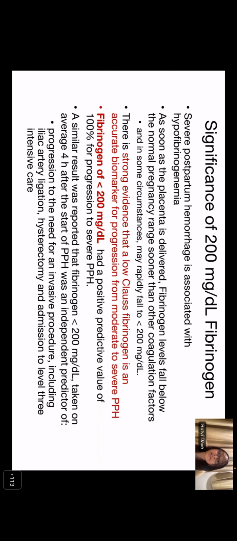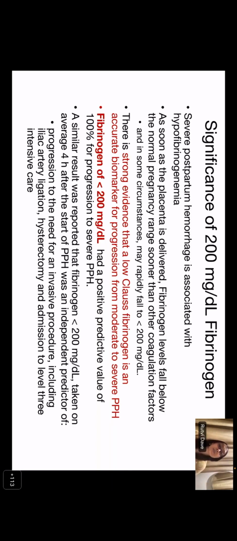And there is strong evidence published in the literature that a low Clauss fibrinogen is an accurate biomarker for progression from moderate to severe PPH. So a fibrinogen level of less than 200 milligrams per deciliter has a positive predictive value of 100% to predict progression to severe PPH.